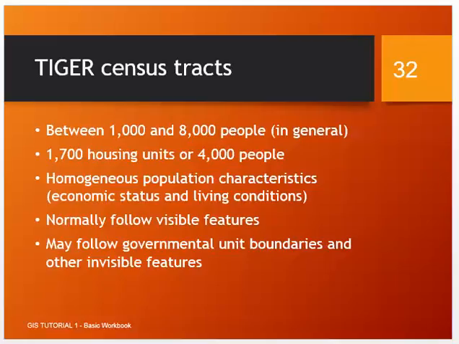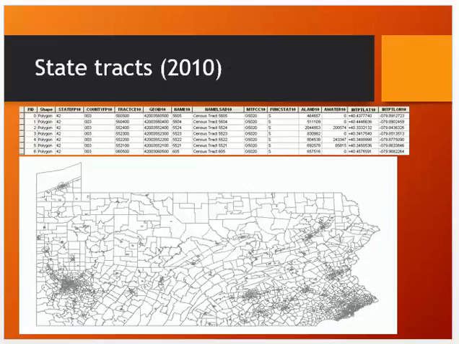The boundaries normally follow visible features, but sometimes they'll follow political boundaries and other invisible features. So here's an example of the tracts from the state of Pennsylvania for the 2010 census, which is the most recent.